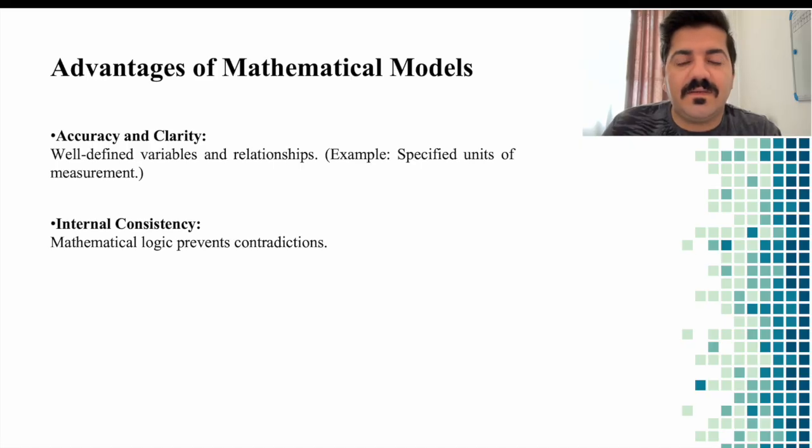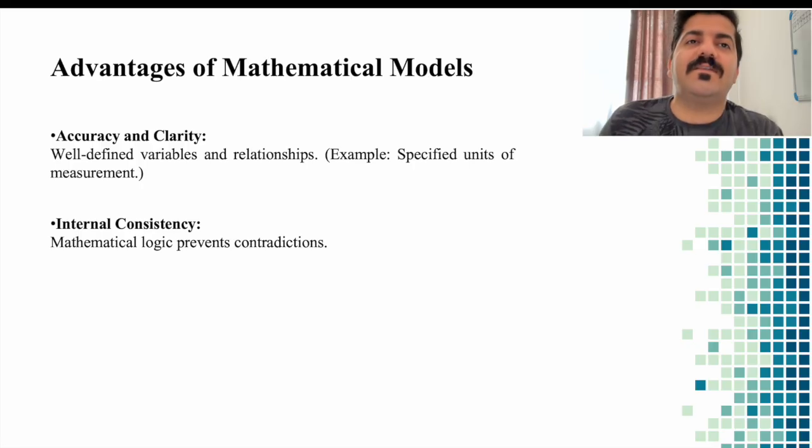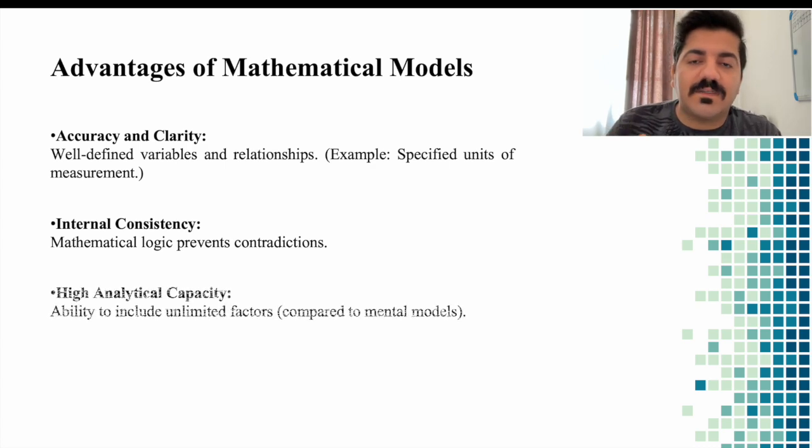For example, if x equals 3 and y equals x plus 2, y can't equal 6. It always equals 5, and 2 plus 2 is always equal to 4. No self-contradictions. All things are consistent.